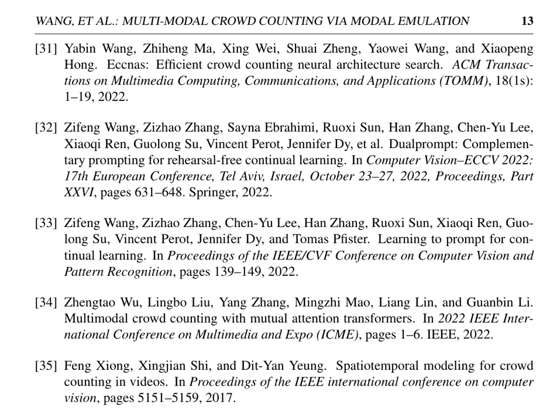Offers a comprehensive overview of methodologies and techniques used in multimodal crowd counting. It discusses state-of-the-art approaches such as neural architecture search, dual prompting for continual learning, and multimodal crowd counting with mutual attention transformers. The paper also references studies on spatiotemporal modeling for crowd counting in videos and cross-modal transformer models for 3D object detection.